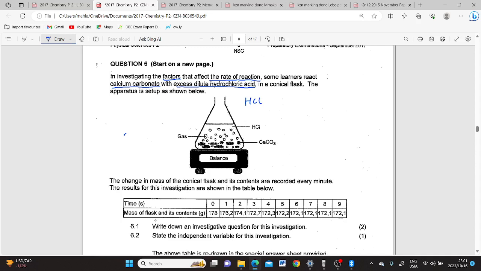HCl, which is an excess lot of it. There will be too much amount of HCl, they say they are reacting this with calcium carbonate, and then of course the production here, we're going to have, once we have the carbonate.